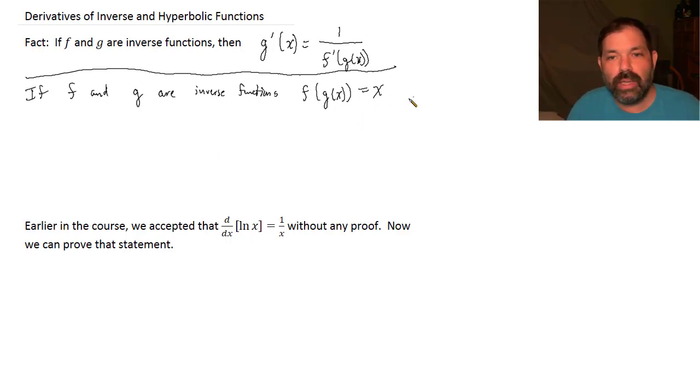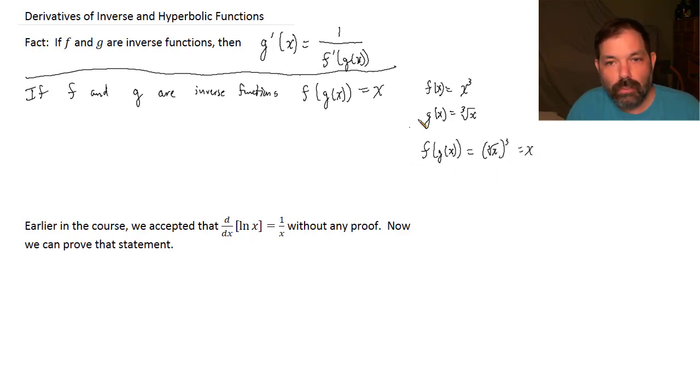As a quick example, let f of x equal x cubed and g of x equal the cube root of x. These are inverse functions. Then f of g of x would be the cube root of x, cubed, which is x. Okay, so that was just a quick reminder of that.